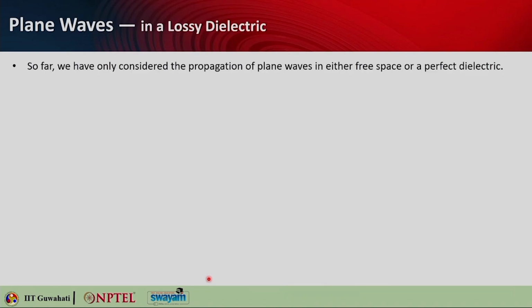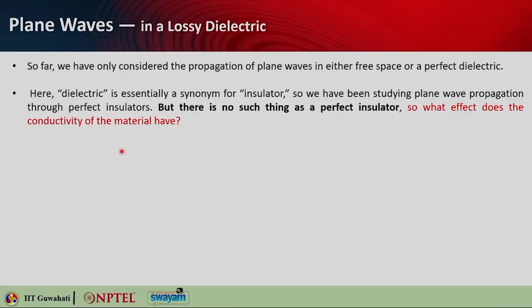Now till now we have considered plane wave propagation in either free space or perfect dielectric, that is a lossless dielectric. But in this case we have essentially used dielectric as a synonym for insulator. So we have been studying plane wave propagation through perfect insulators, but in reality there is no such thing as a perfect insulator.